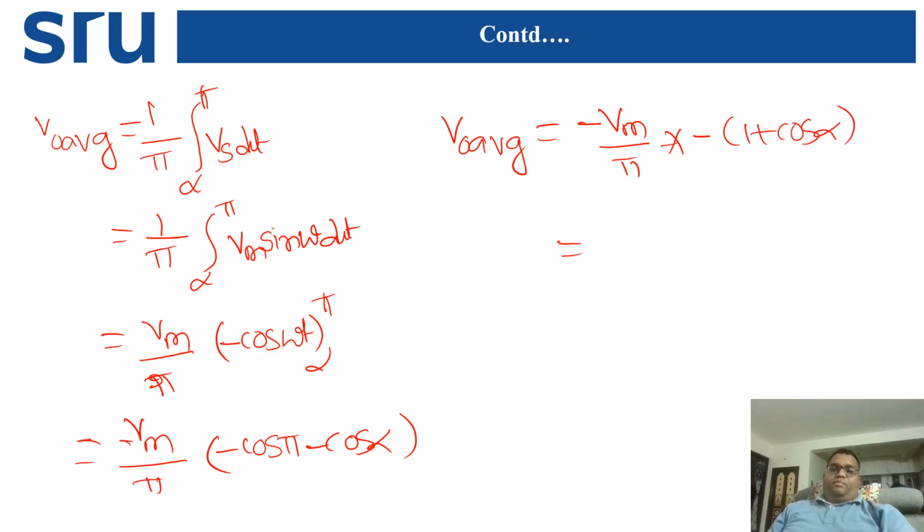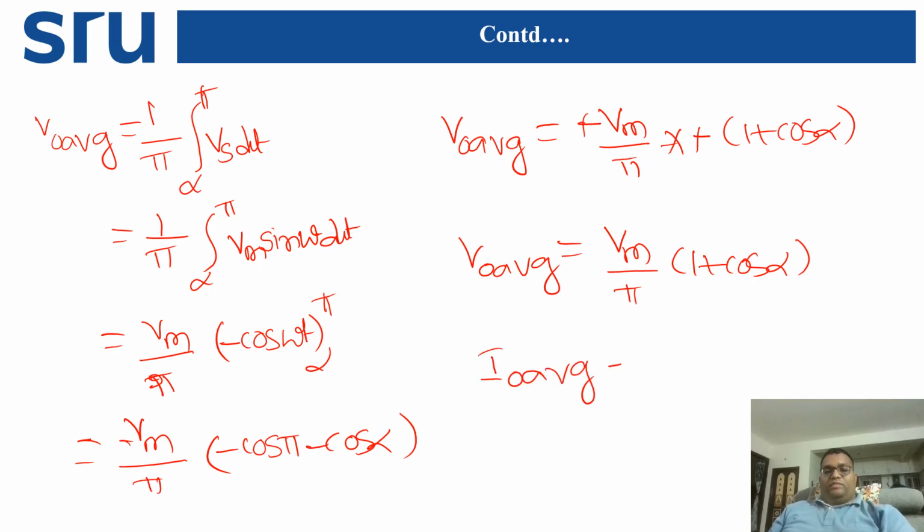The minus minus gets cancelled. So Vm by pi into 1 plus cos alpha. This is the V naught average. Now coming to I naught average, with an R load, it is Vm by R into pi into 1 plus cos alpha. So this is the derivation for V naught average and I naught average.